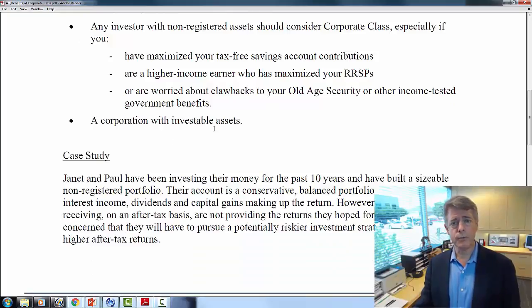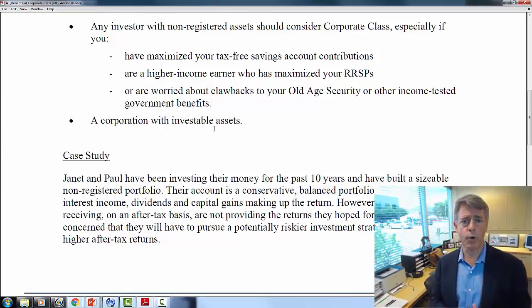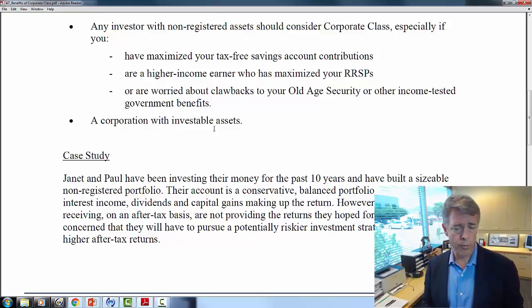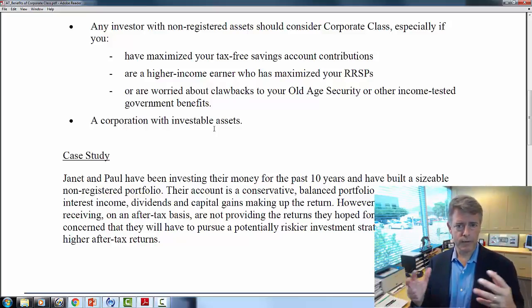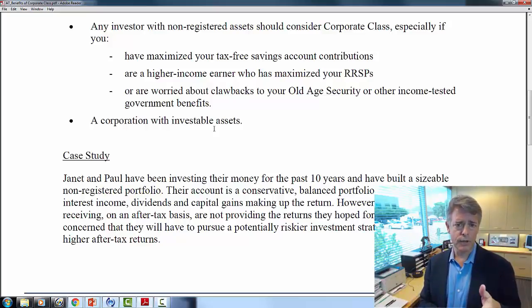Corporate class investments could be an ideal strategy for those of you who are incorporated and are building up retained earnings within your corporation, and they might be sitting in investments or cash assets. The challenge with corporations is that if you build up too much in the way of retained earnings in passive assets or investments, potentially the earnings off those investments could be taxed at the top marginal tax rate.